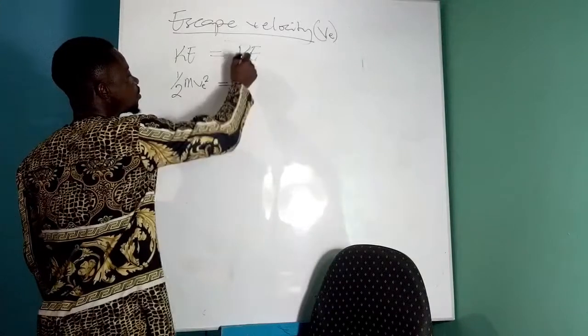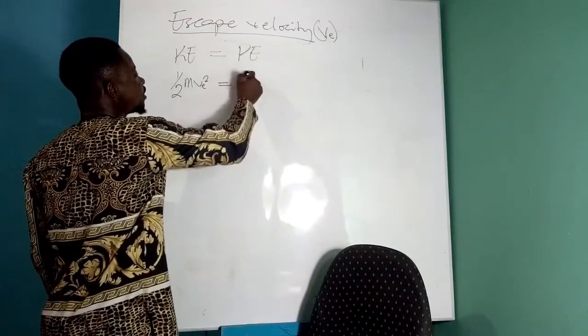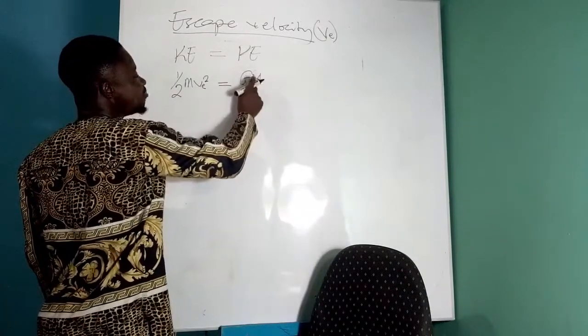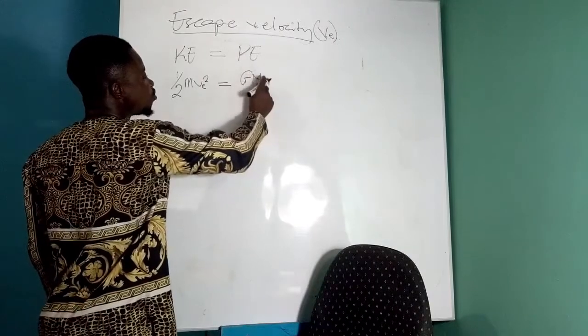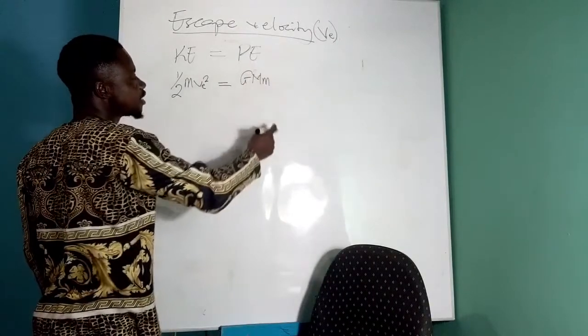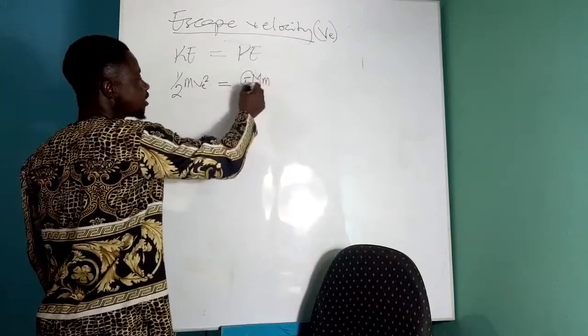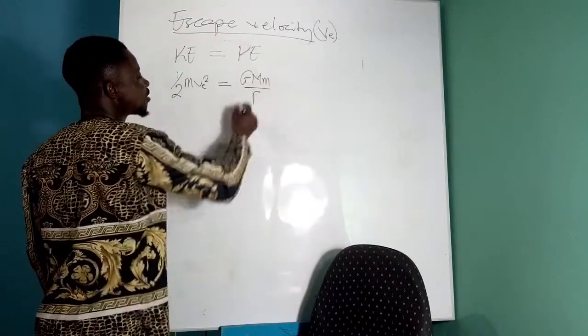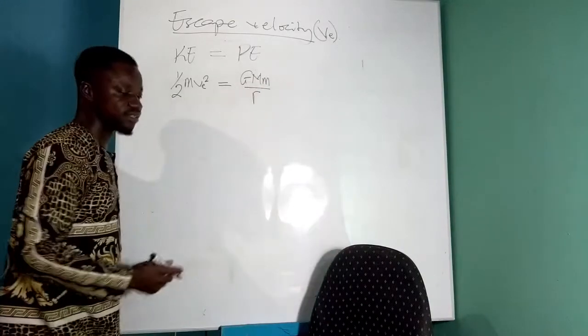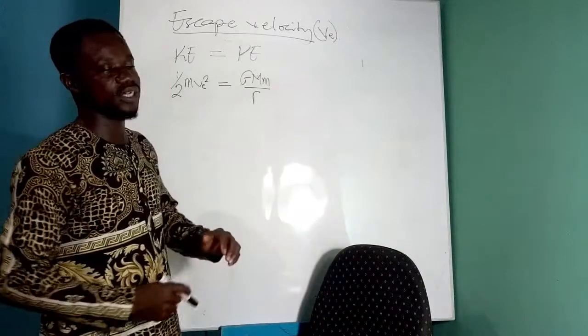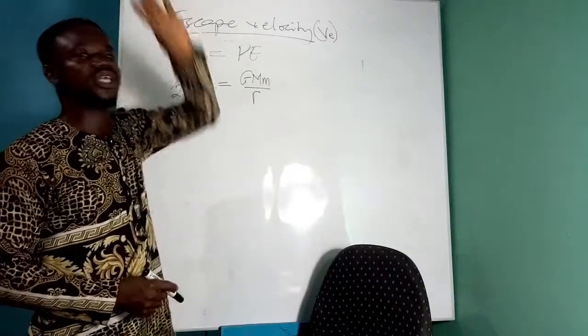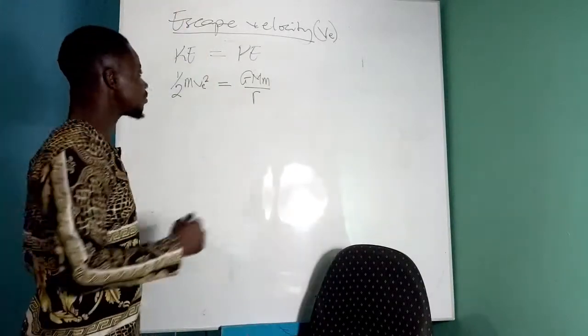That should be equal to the gravitational potential energy, G capital M m over R, capital M being the mass of the Earth, small m being the mass of the satellite, and R being the distance from where we are launching the satellite till it escapes the Earth's gravitational field.